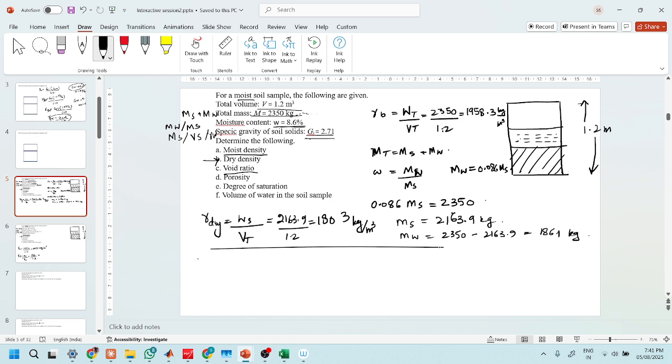Let us do one thing. Let us try to calculate gamma. Okay, let us calculate the void ratio. Void ratio is volume of void over volume of solid.